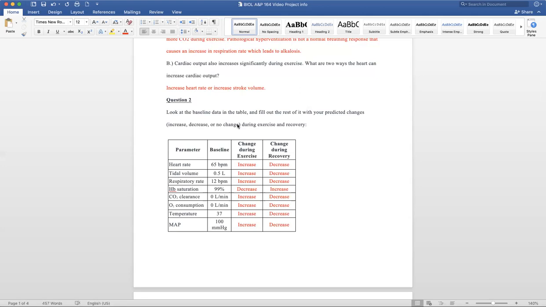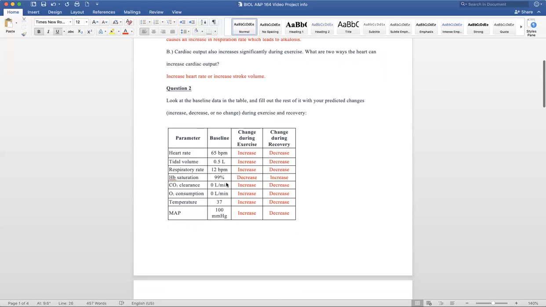So here are the baseline numbers for heart rate, tidal volume, respiratory rate, hemoglobin saturation, carbon dioxide clearance, oxygen consumption, body temperature, and the mean arterial pressure. So the changes during exercise are an increase in all other than hemoglobin saturation.